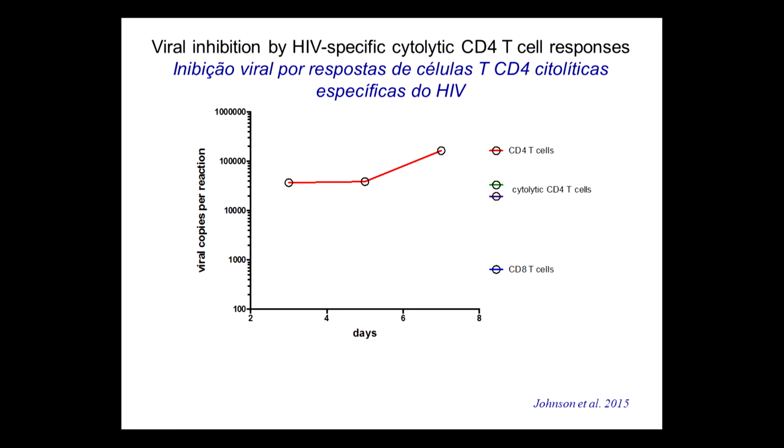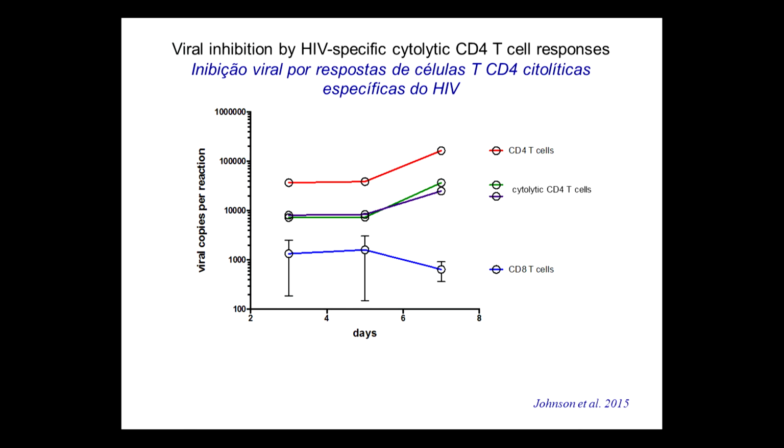CD8 T cells can inhibit viral replication by 2 logs, but when we sorted cytolytic CD4 T cells based on surface markers, we found that adding them is also able to inhibit viral replication. In this individual, not as well as the CD8 T cells, but we see about 1 log of reduction of viral load.